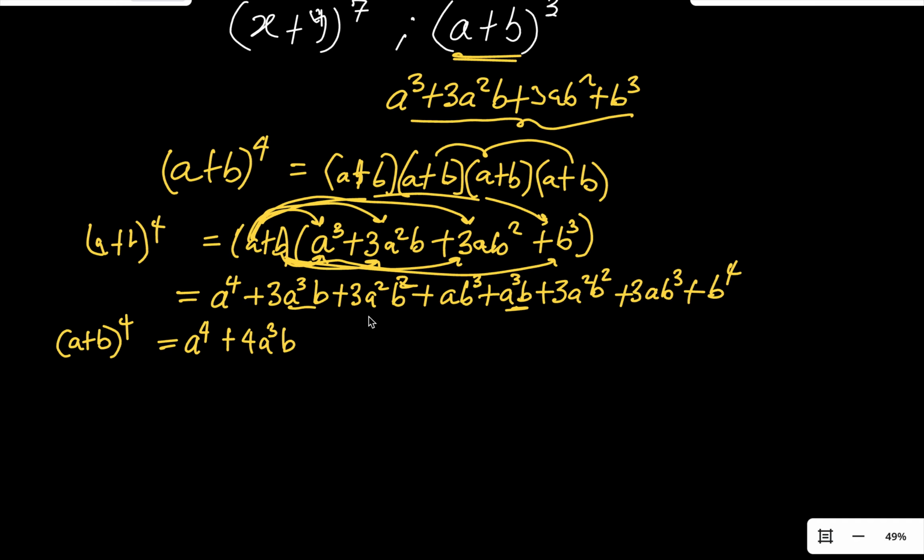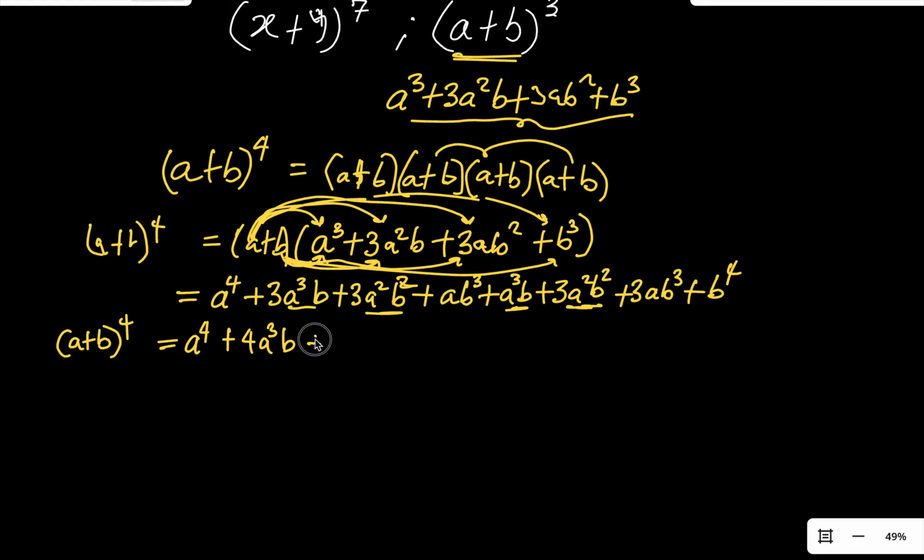Now the next one is this one. I check where a squared b squared is. A squared b squared, see another one here. So this 3 plus this particular 3 here will give us what? 6, right? Good.